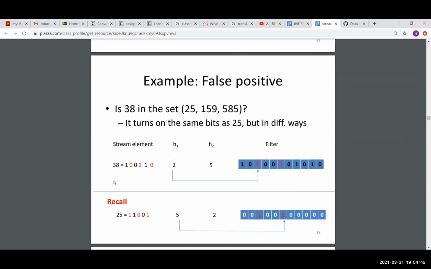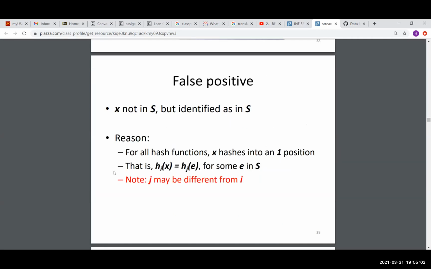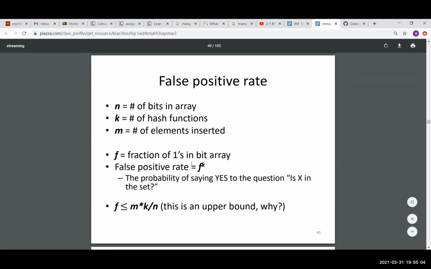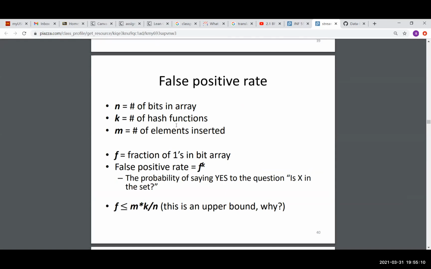If we check 38, although it hits the filter, it is not in the set. So 38 is the false positive. Correct. Okay, and based on this formula, with more hash functions, we get a lower false positive rate.